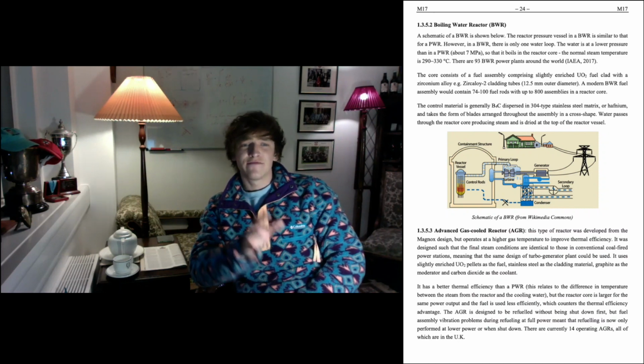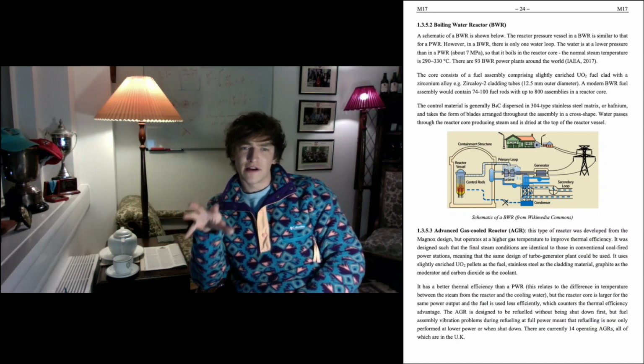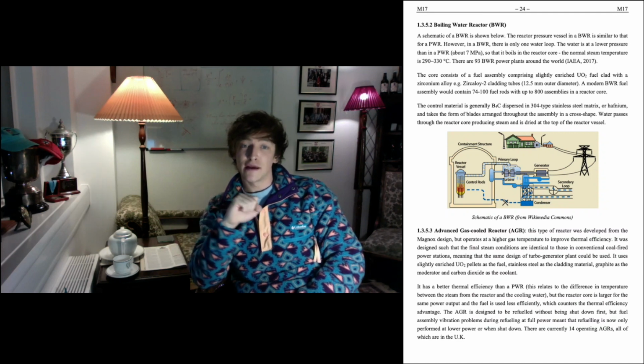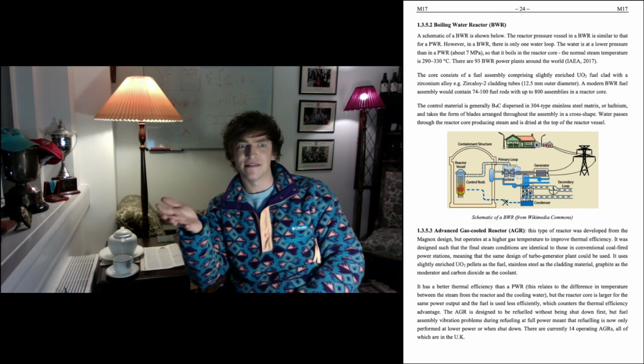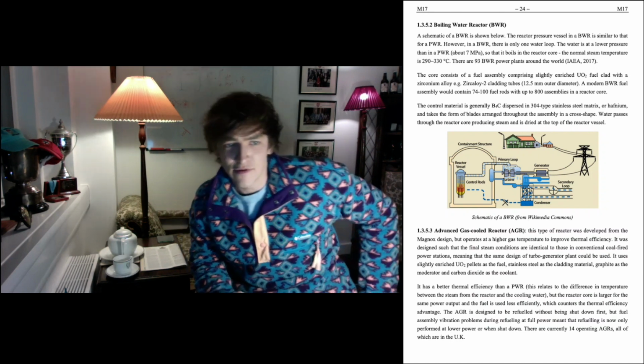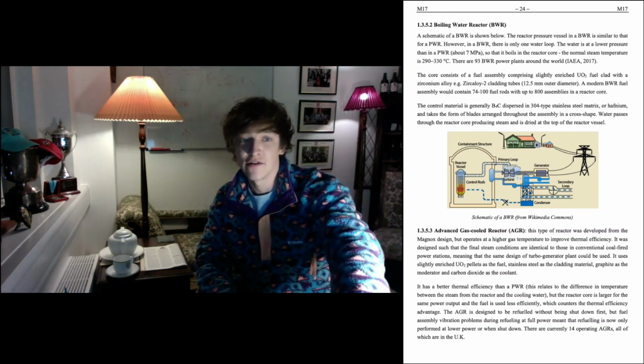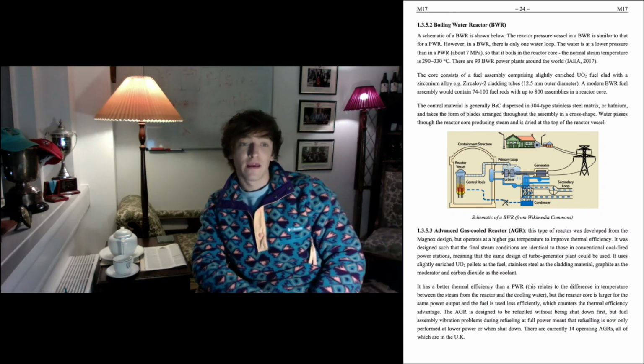I mean, it turns out that's a minor concern, because nitrogen-16 is the key element there, and that only has a half-life of around 7 seconds. So the turbine chamber can be entered within minutes of shutting down your reactor.